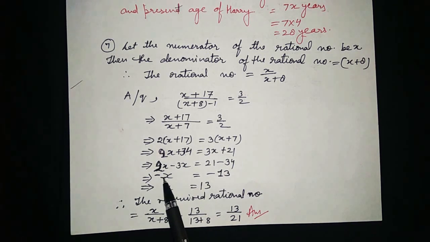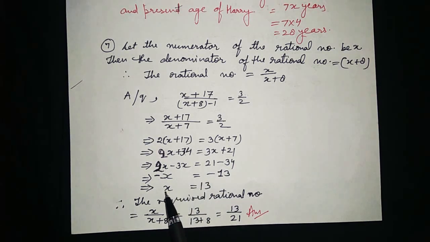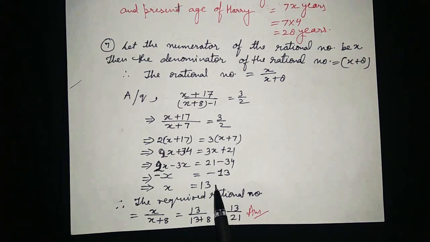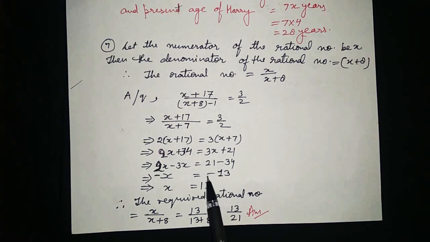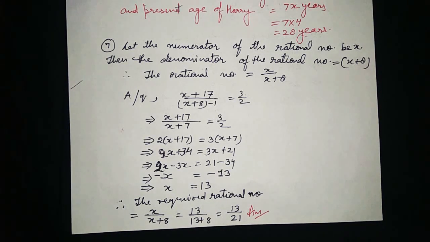So you can see minus x is equal to minus 13, that means x is equal to 13. Now we have got the value of x, and the last sentence of the question is: find the rational number.